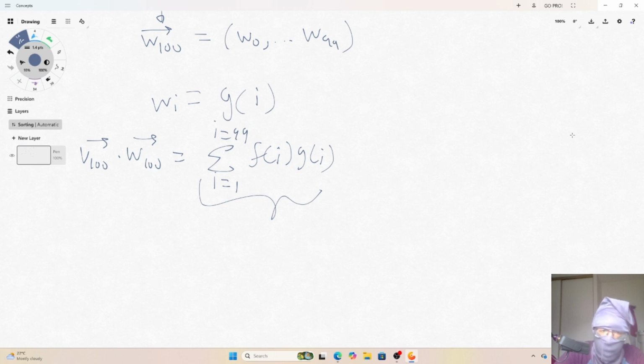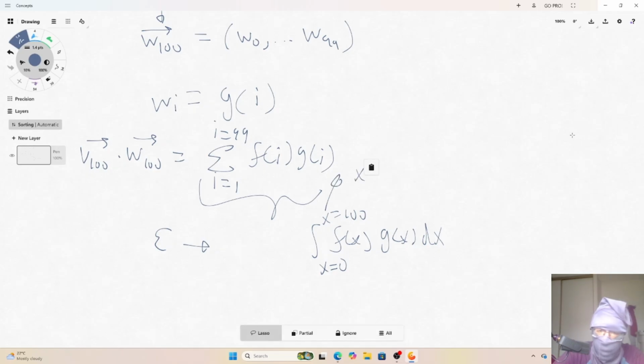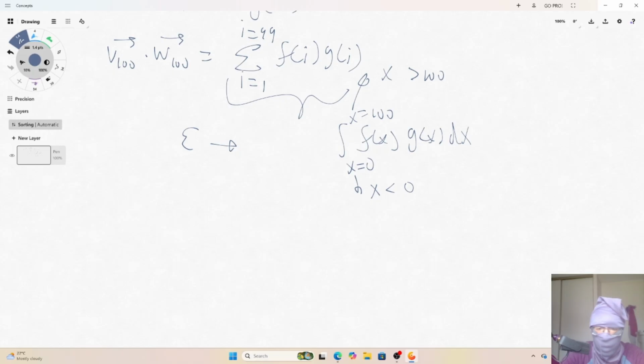So you can see that as epsilon goes to 0, the inner product would actually be given by one-dimensional domains, so for x equals 0 to x equals 100. But you can repeat the same process by enlarging the domain. X can be larger than 100, and small x can be smaller than x.